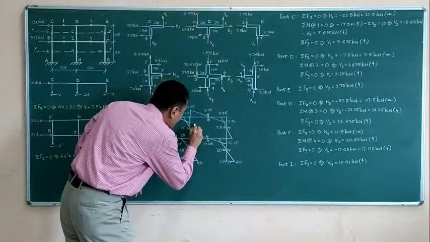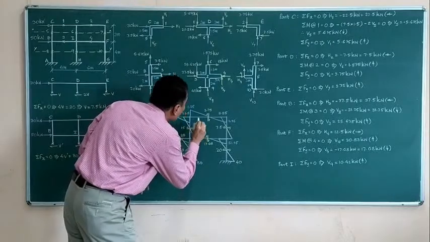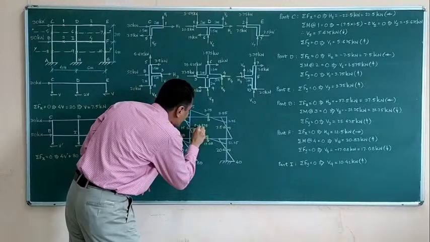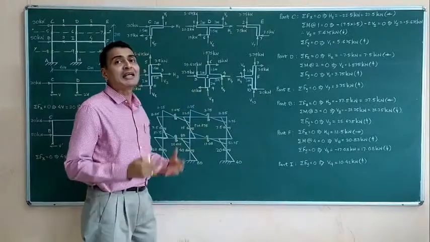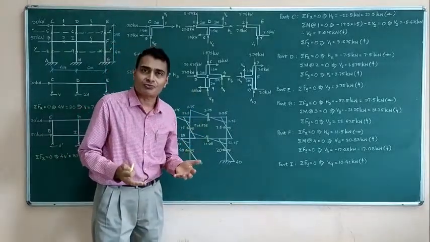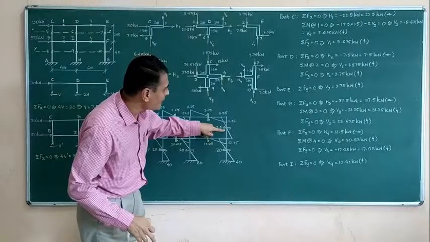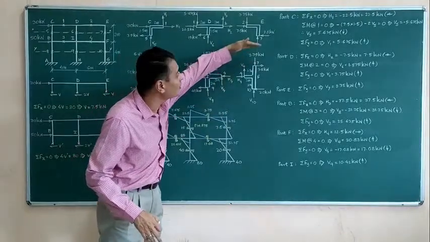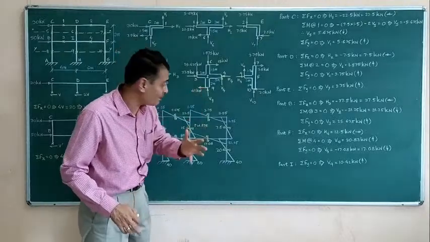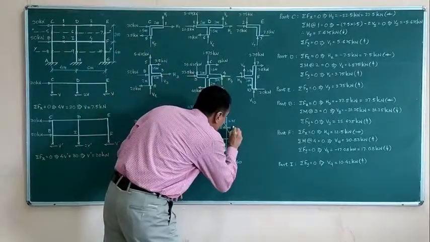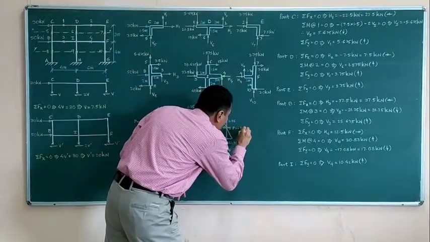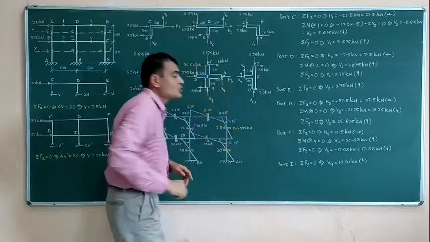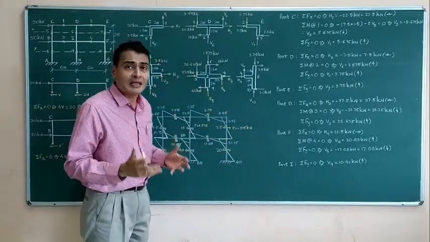So here I will be writing P equal to negative 1.875. Negative means compression. Similarly, if you look at this beam, this is the force 3.75 kilonewton. Again a pushing force means compression. So I am writing here P equal to negative 3.75 kilonewtons. So it's a compressive force.